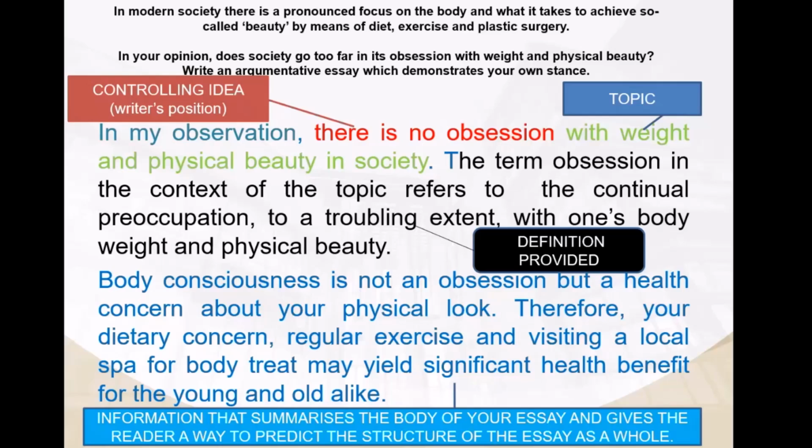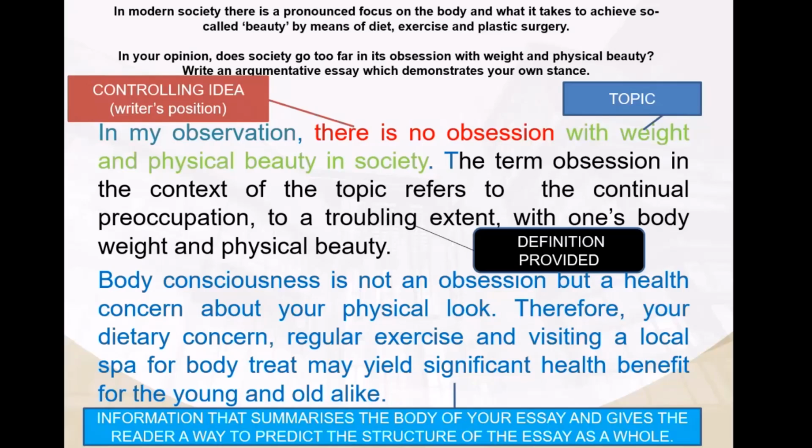what the topic states, that there is a pronounced focus on the body. People wanting to achieve so-called beauty by means of diet, exercise, and plastic surgery. Do you agree? Does society go too far in its obsession with weight and physical beauty, in your opinion?